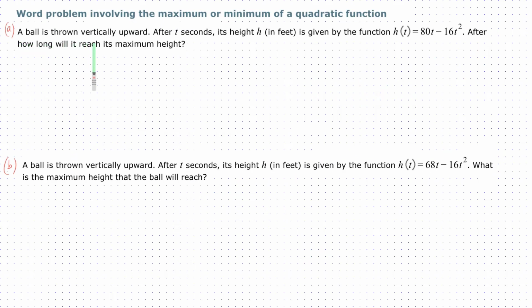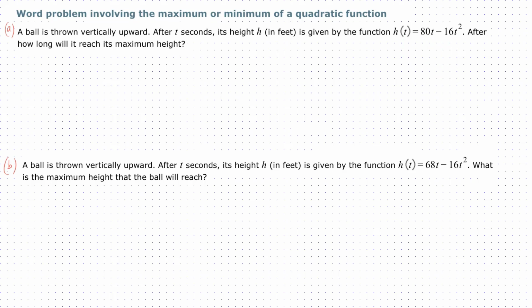A ball is thrown vertically upward. After t seconds, its height, h, in feet, is given by the function h of t is equal to 80t minus 16t squared. After how long will it reach its maximum height? Notice that when t equals 0, the height is 0.